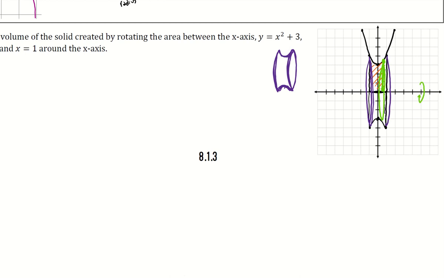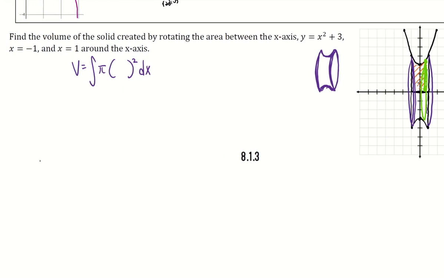So the volume of my solid is equal to the integral from a to b, which I'll figure out here in a second, of pi r squared h. H is the thickness, which is going to be dx. That's important because that tells me that I need to have my entire equation written in terms of x.